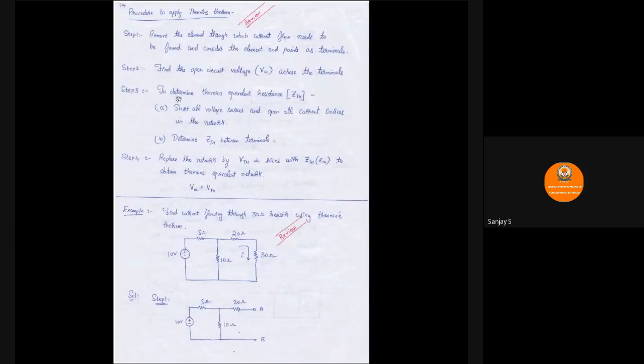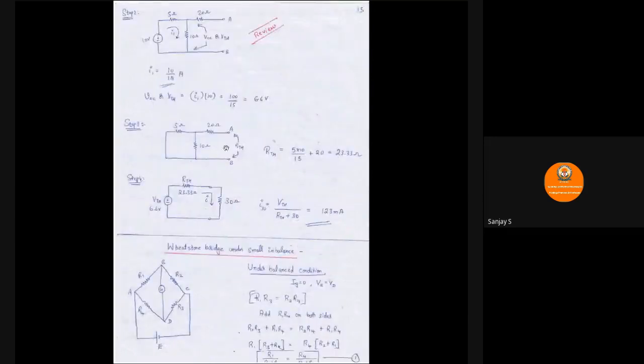Step number 3, we have to find the equivalent Thevenin resistance across the terminals. That means we are supposed to find the equivalent resistance across this terminal. The rule says short all the voltage sources, open all the current sources in the network. In our network, we only have a voltage source, we don't have a current source. So I have shorted the voltage source.